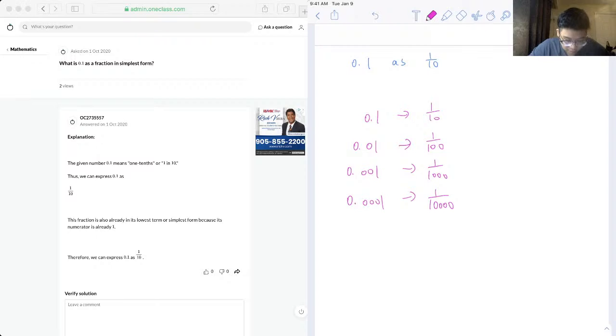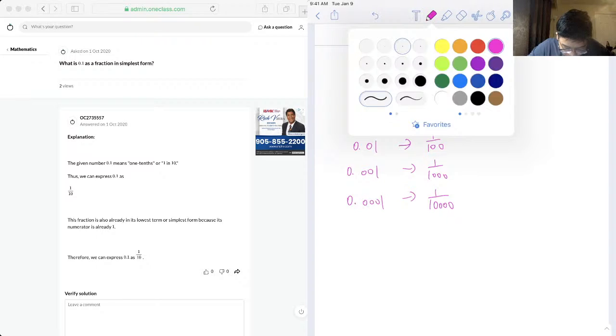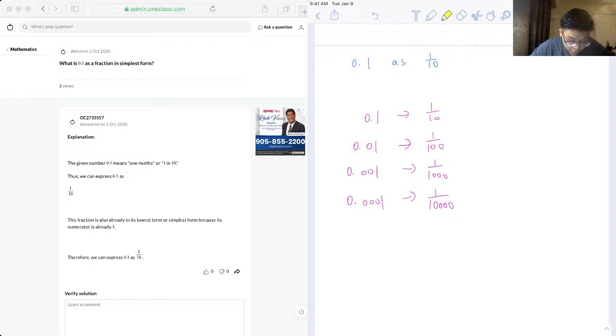Right. So there's a little trick whenever we're asked to convert a decimal to a fraction with forms like 0.01. All we need to do is count how many zeros are in front of the 1, and when we convert it to a fraction, it will be that same number of zeros after the 1 in the denominator.